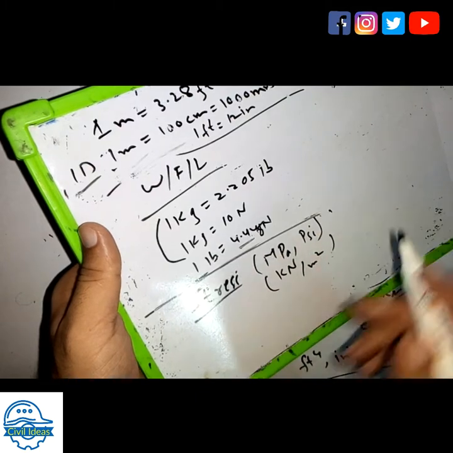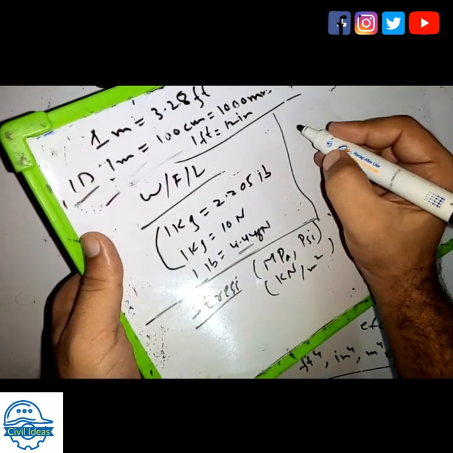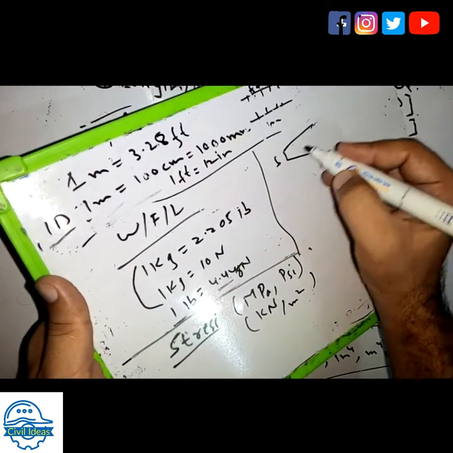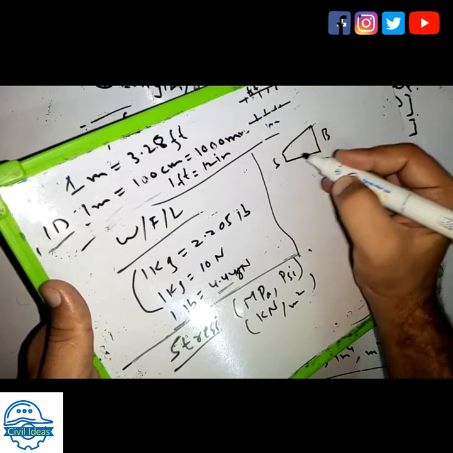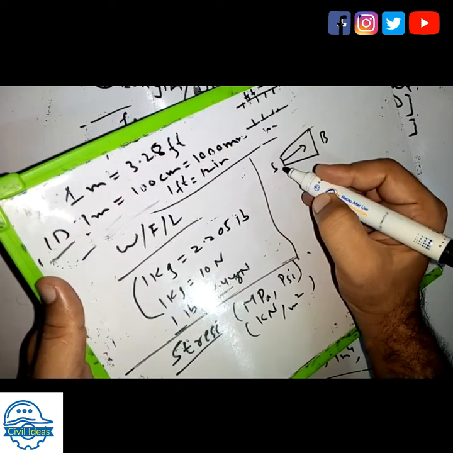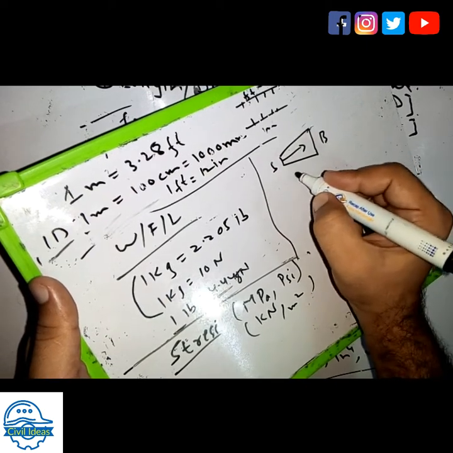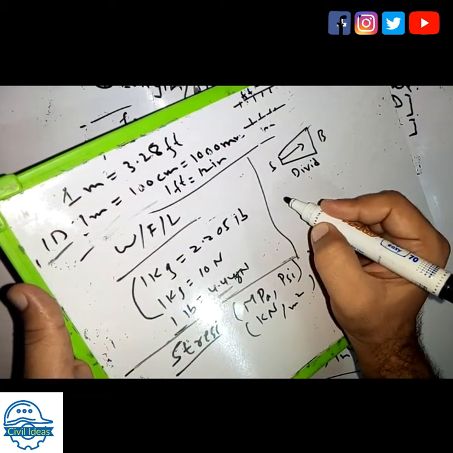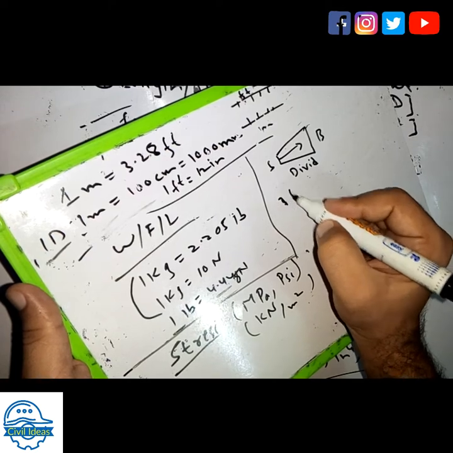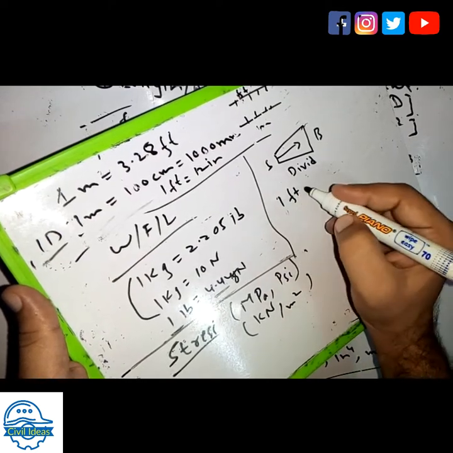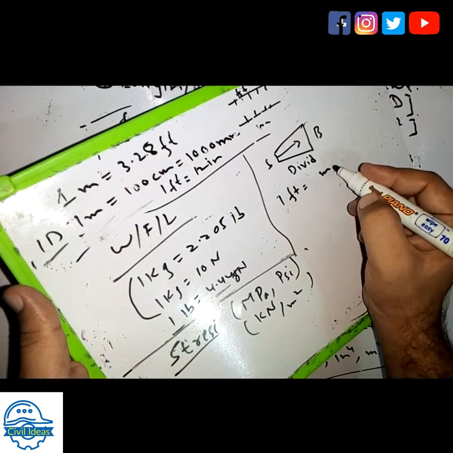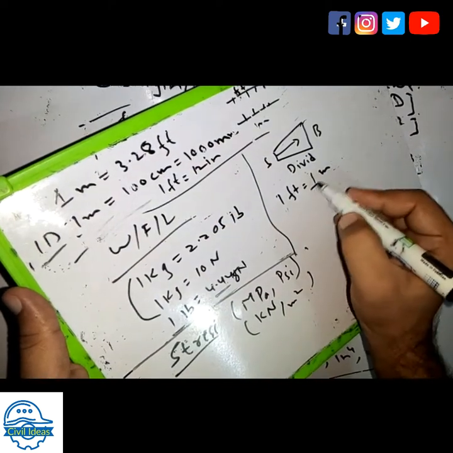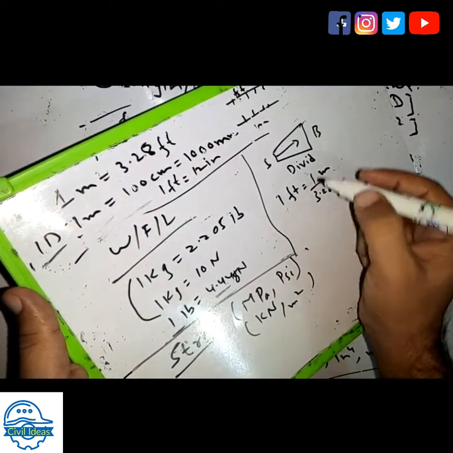And one other thing you have to remember first: if you move from a smaller unit to a bigger one, then you have to divide. Like if you go from 1 foot to the meter, you have to divide, 1 divided by 3.28, and it will be converted, so you have to divide.